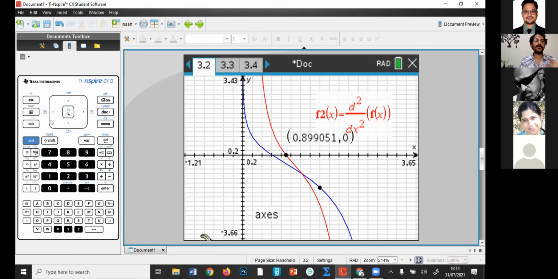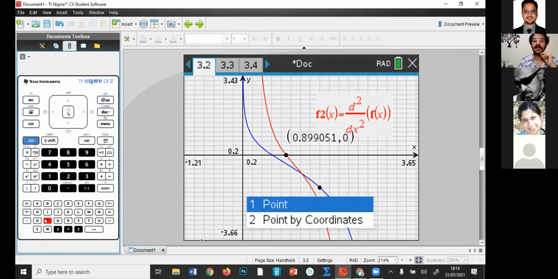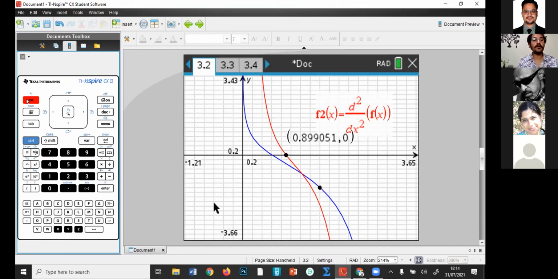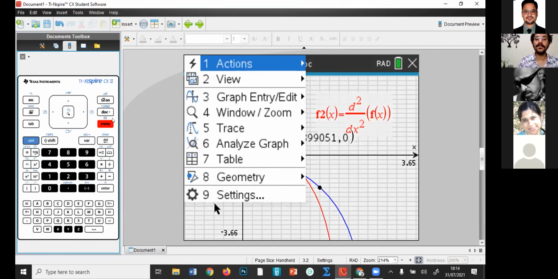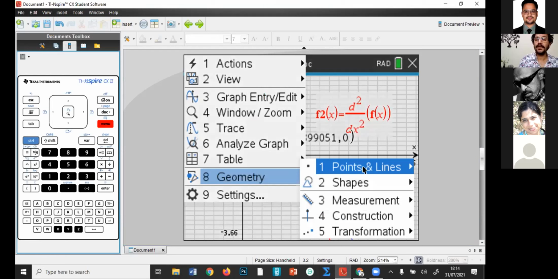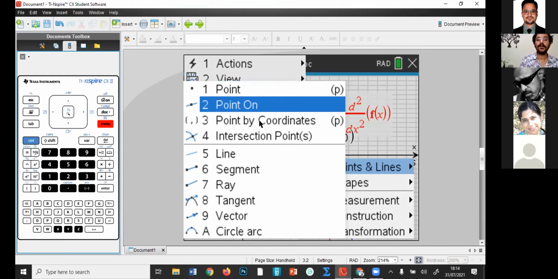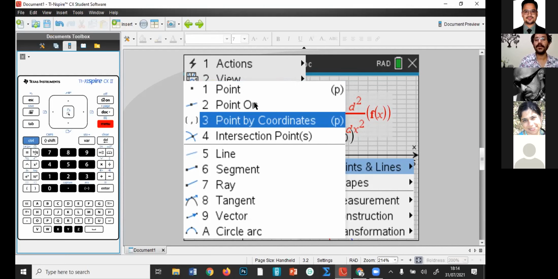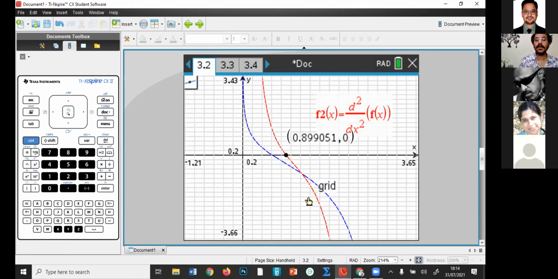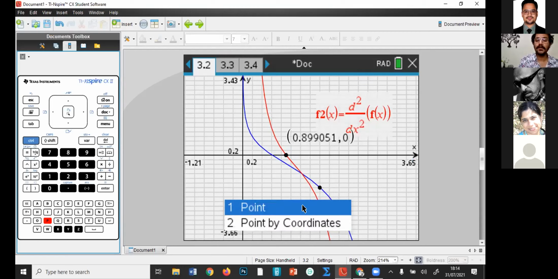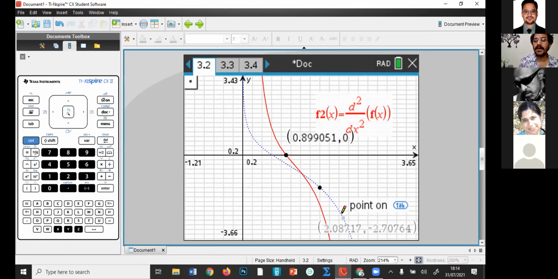So what we do is we just draw a point. If you're using CX, you can just press P. When you press P, the point option will come, point or point by coordinate. If you're using non-CX, then you can go to Menu, Geometry, Points and Lines, and Point On. I'll go with Point On, and I can get this by directly pressing P. Then you can mark a point anywhere on this blue graph.